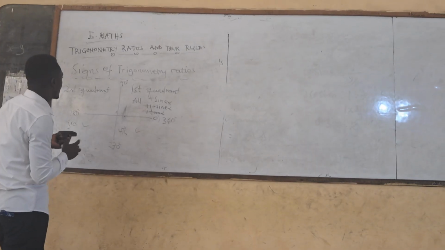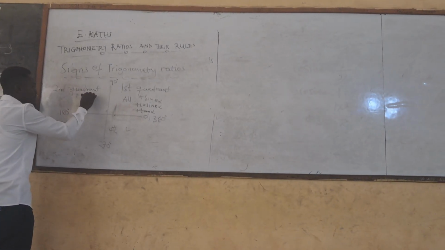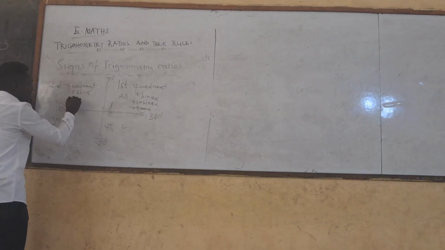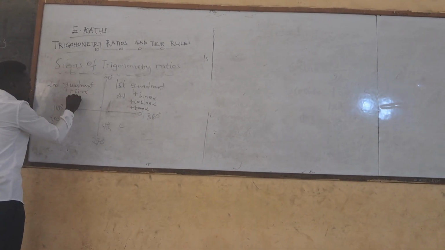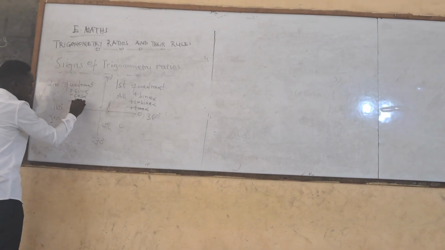When it comes to the second quadrant, sine is positive, cos is negative, and tan is negative.